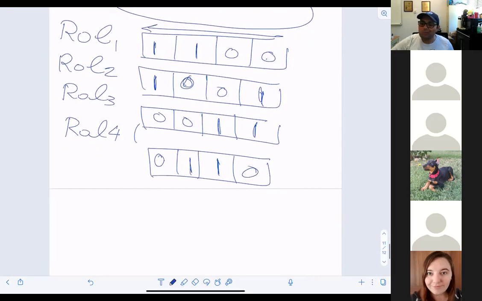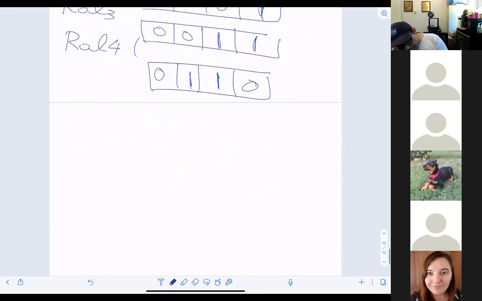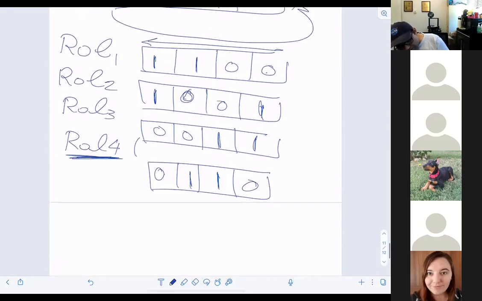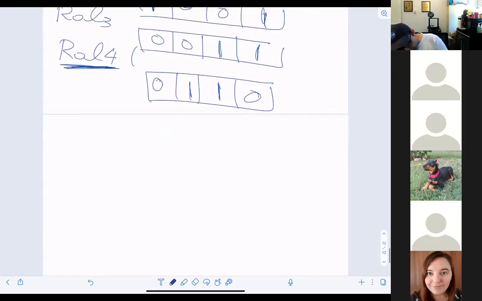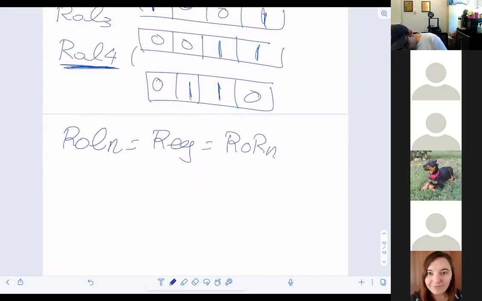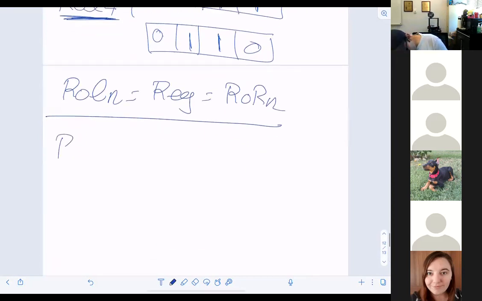Now we can write a very good, nice conclusion, which is that rotation 4 is also equal to the register. So rotation left n is equal to the register, equal to rotation right n. Look at this: rotation right n divided by 2 is equal to rotation left n divided by 2.